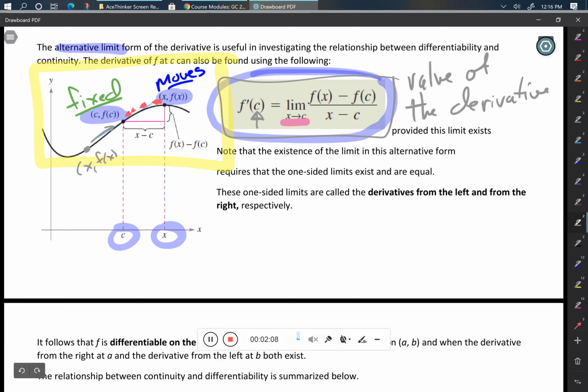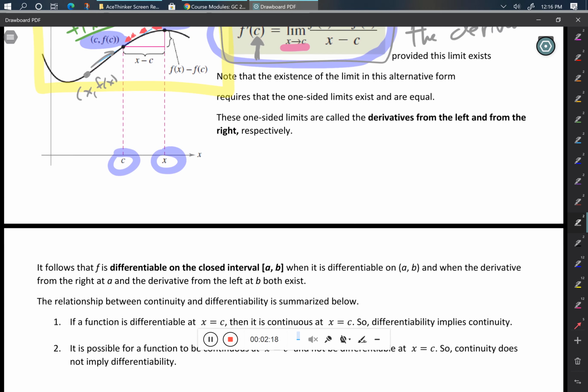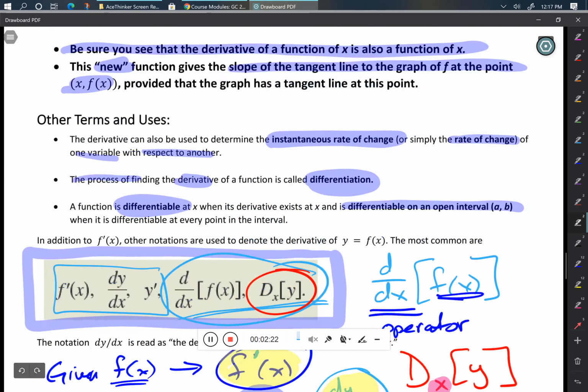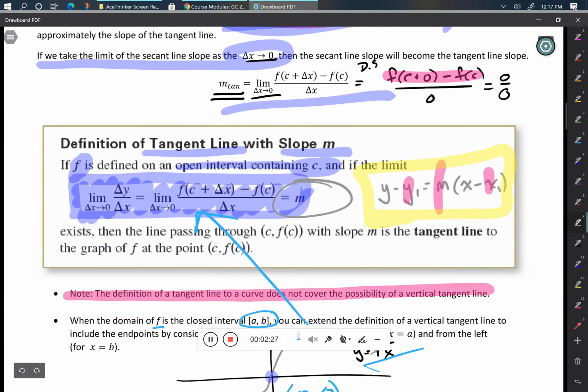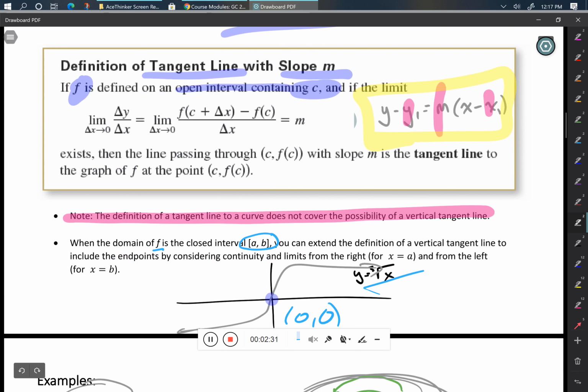It's the value of the derivative because that point right there is a number for x, not a variable for x. Okay? So it's just a different way, a different limit. Some people like this one better, some people like this one better. It just depends on which one you like better. Both of them will get the job done.